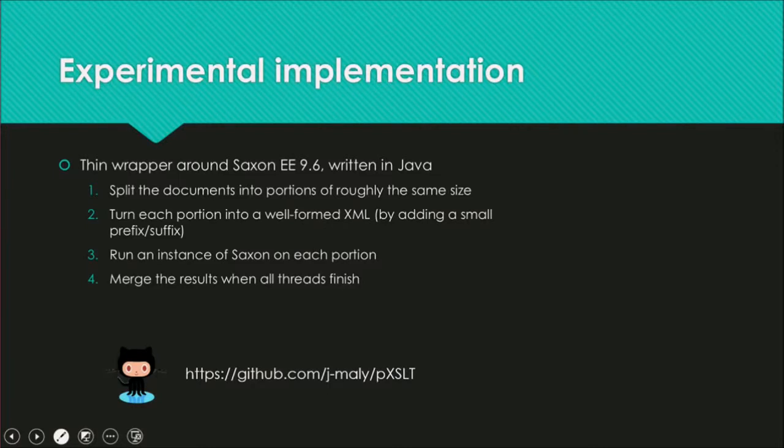So it's a little bit hacky. What it does is split the documents into portions of roughly the same size, and then create a separate instance of Saxon and run this instance on each portion of the document, and when they are all done, the results are merged into the output.